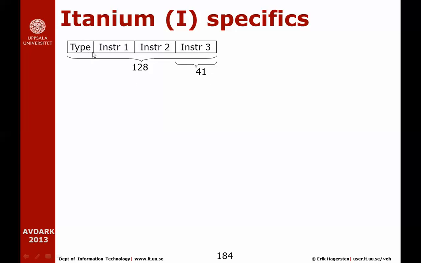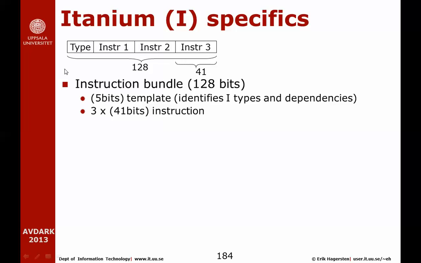Then it has what's called a type field in the beginning that tells what kind of dependencies there are between these instructions, as well as between this VLIW instruction and the following and preceding instruction. This is called an instruction bundle, the 128 bits, and it encodes, as I said, 3 instructions with a 5-bit type template in the beginning.